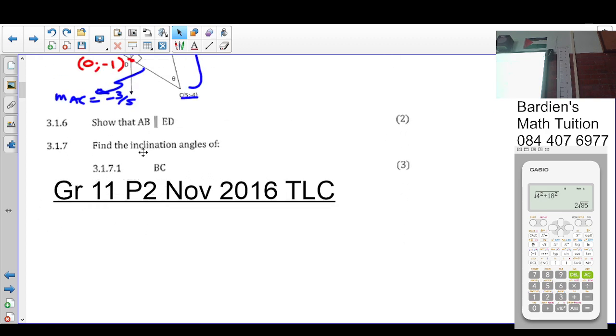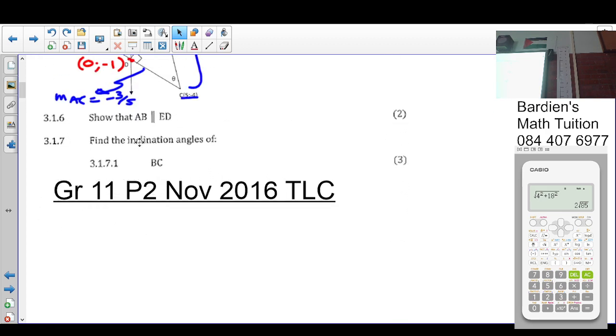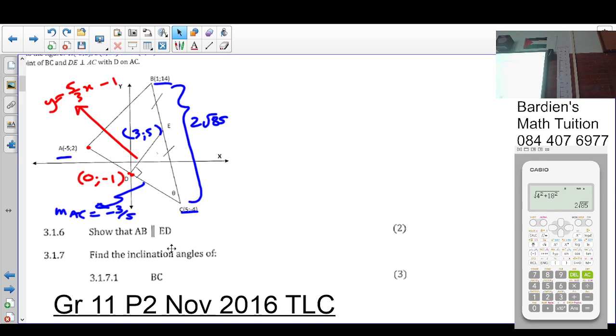Next question. We are asked to show that AB is parallel to ED. What's the gradient of ED? 5 over 3. So if we can prove that the gradient of AB is 5 over 3 as well, then I've done the job, not so? So let's go. 3.1.6. The gradient of AB is equal to change in y over change in x.